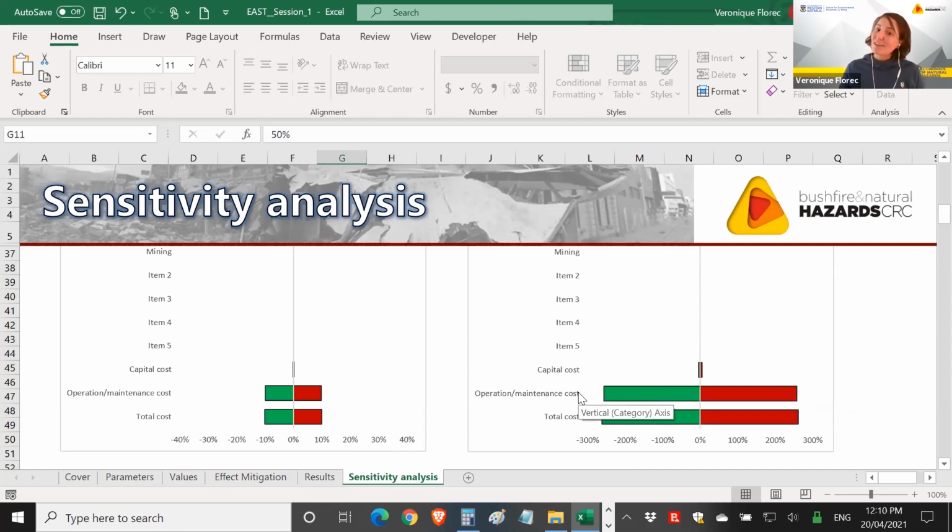But if I feel that I don't have really good data and I am a bit uncertain about what I have in my analysis for this particular parameter, then this is telling me you have to go and collect good data, because your results change so much with this that you really want to be sure that you have good data for this particular parameter. This information needs to be really good in our analysis.